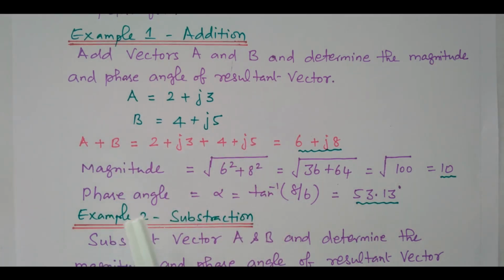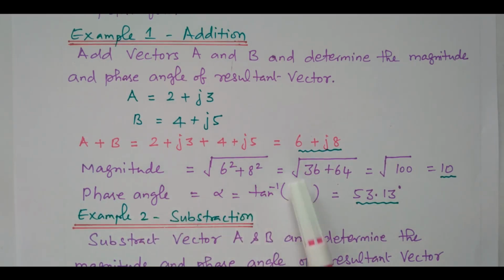And one more question is we need to find the magnitude and phase angle, that is the polar form. How will you find the magnitude? Square root of real term square plus imaginary term square, 6 square plus 8 square, so that is equal to 10. Then how will you find the phase angle?